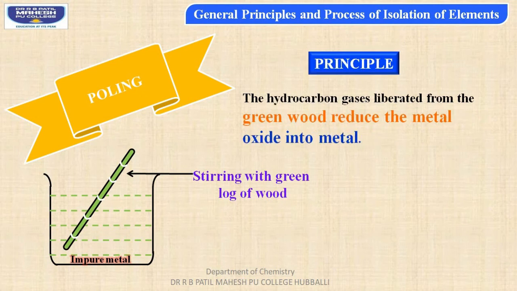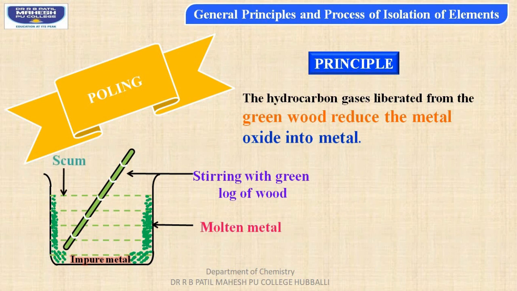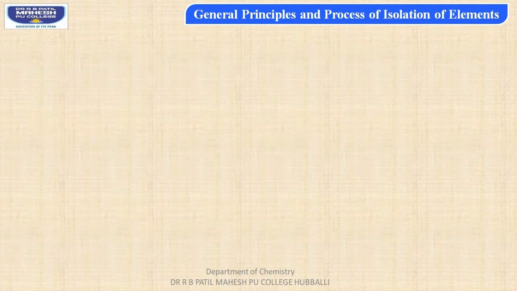As a result, we get molten metal along the ends of the container, whereas a scum is also formed right at the top of the mixture. Now, let us understand the principle involved in the poling method. The hydrocarbon gaseous components are liberated by the green log of wood, which reduces the metallic oxide into metal.